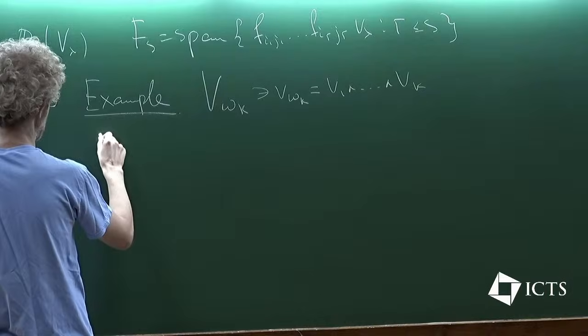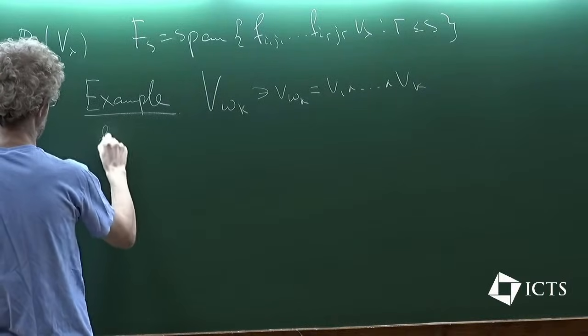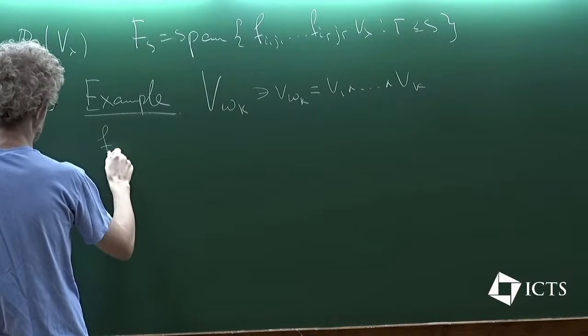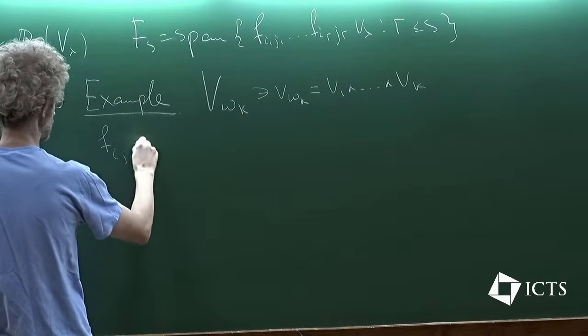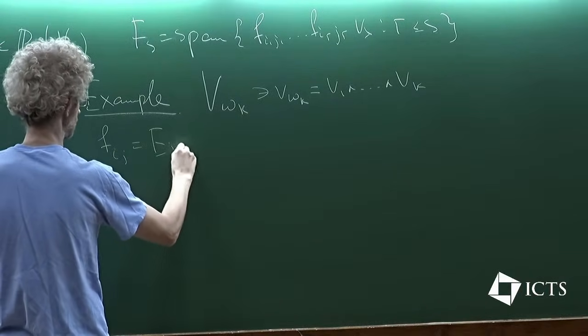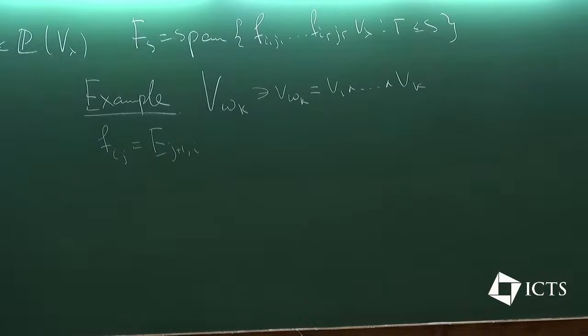And then what we know is that if we apply f_ij, which is nothing but E_(j+1,i). So this is the matrix unit which sends the ith basis vector to the (j+1)st basis vector.